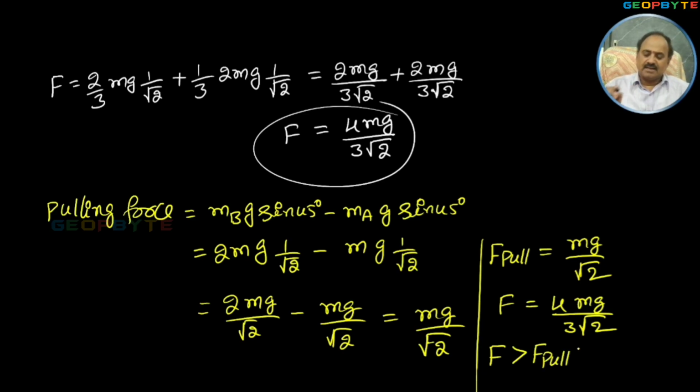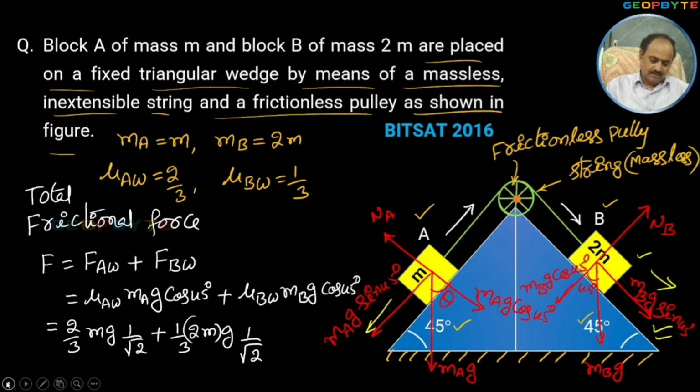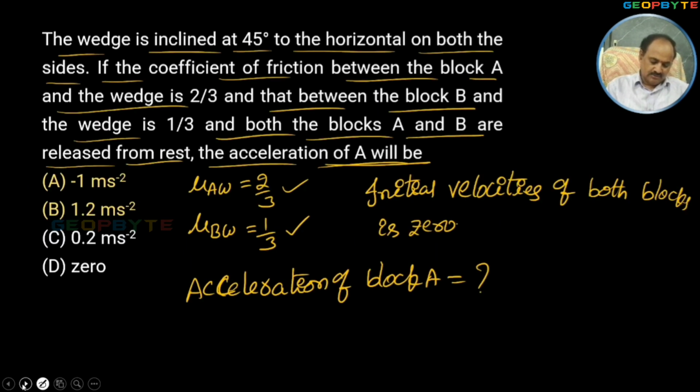Therefore, the blocks cannot be moving, which means acceleration equals 0. So the acceleration of block A or block B will be 0. Option D is absolutely correct. Since the frictional force is more than the net pulling force, the blocks cannot be moving. It is a very, very important problem.